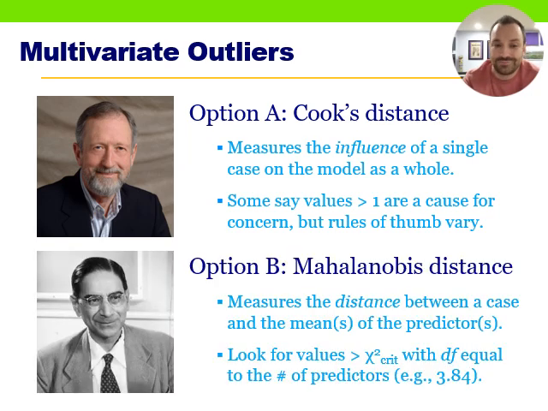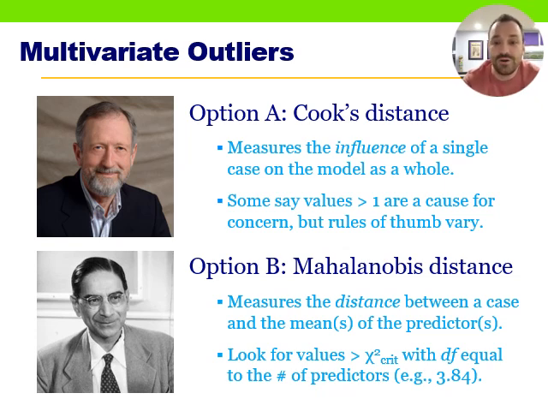The other option, I would even venture to say the better option, is called the Mahalanobis distance. Now, each participant, as we'll see on the next slide, is going to have both a Cook's distance and a Mahalanobis distance. For the Cook's distances, we're going to look at them and ask ourselves, is this number greater than 1 or not? And if it's greater than 1, it suggests that person is probably an outlier.